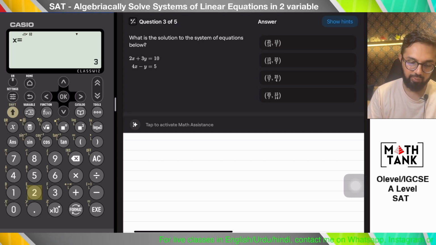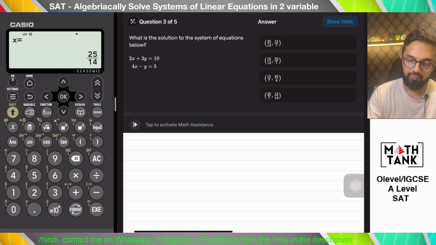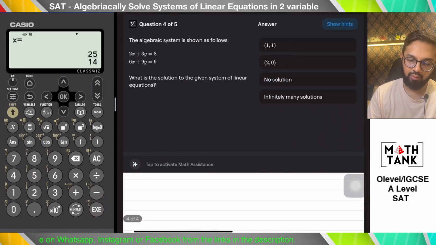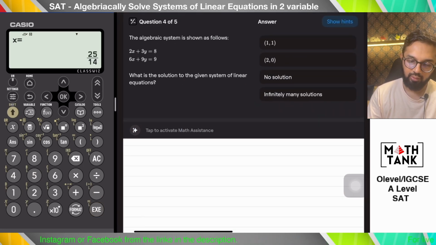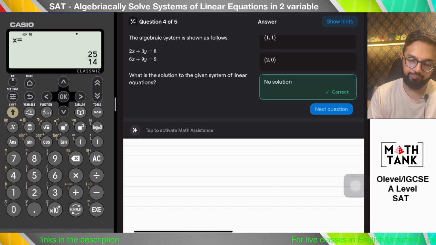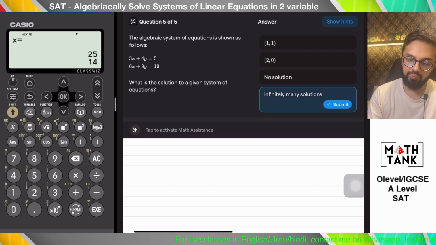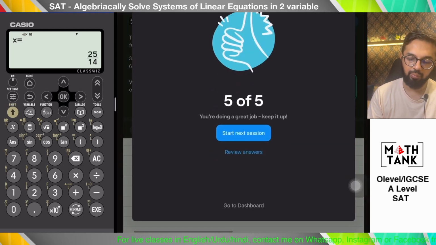And I don't remember this, so I'm going to solve this again. 3, 10, 4 minus 1, 5. Okay, no solution, I think. And this is infinitely many solutions because I see multiples of the equations.